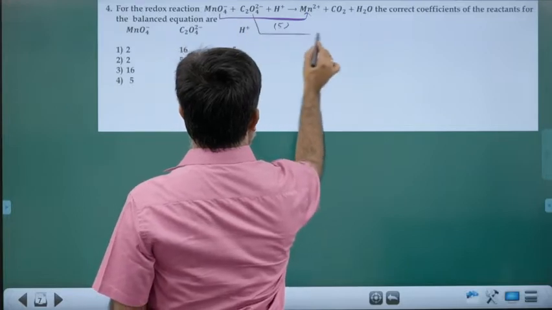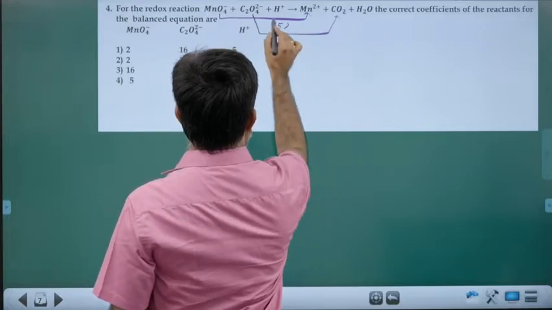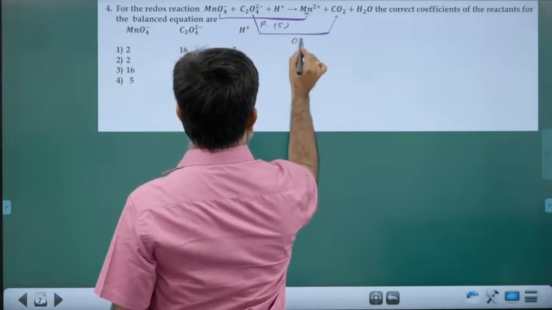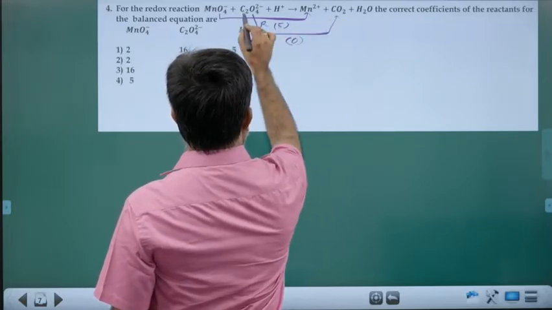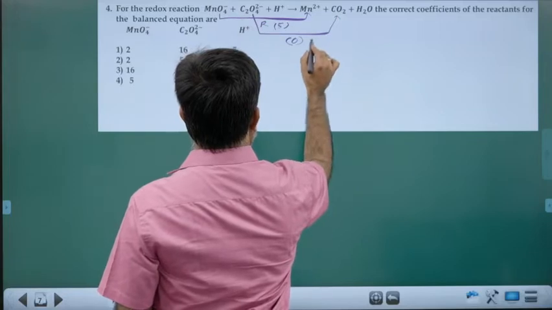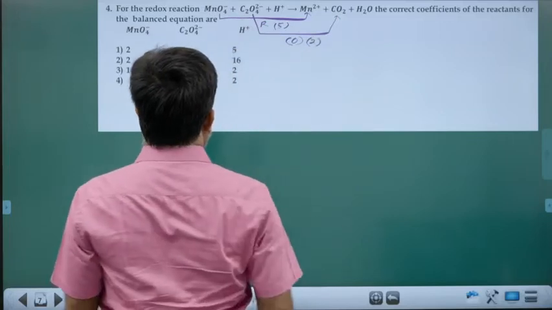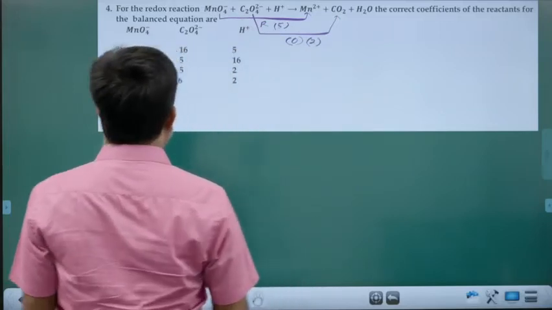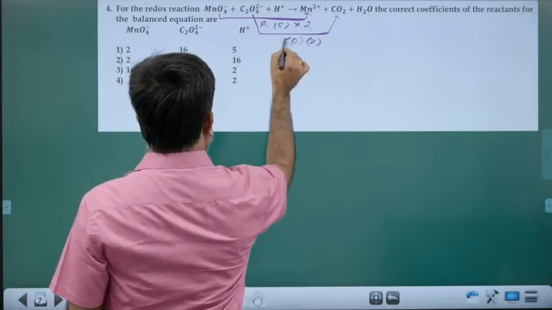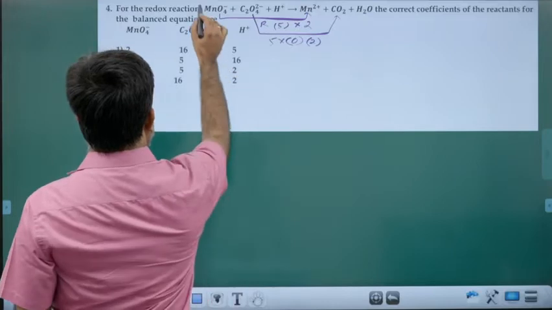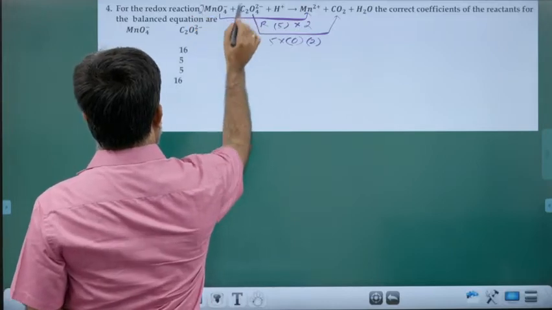While oxalate converted to carbon dioxide, this is reduction and this is oxidation. N factor: plus 3 becoming plus 4, for 2 carbon atoms, so it is N factor 2. So how do you do it? This will be multiplied with the 2 and this will be multiplied with the 5. So it is going to be 2 here and 5 here.